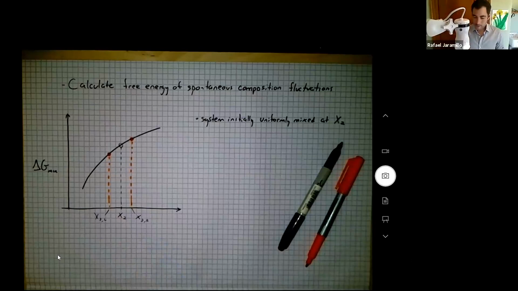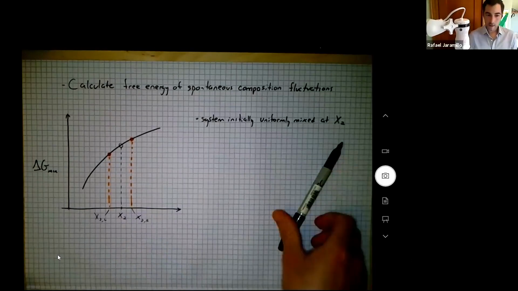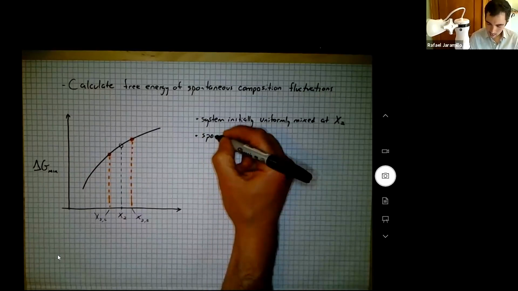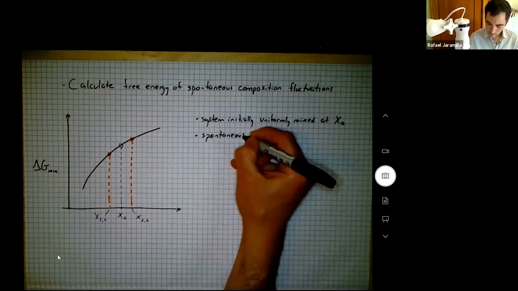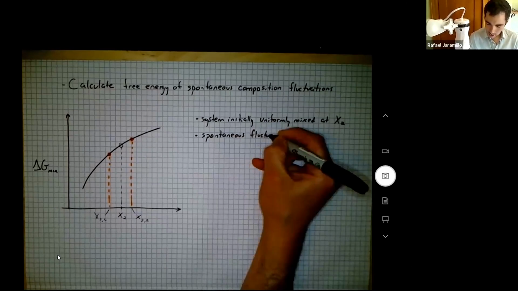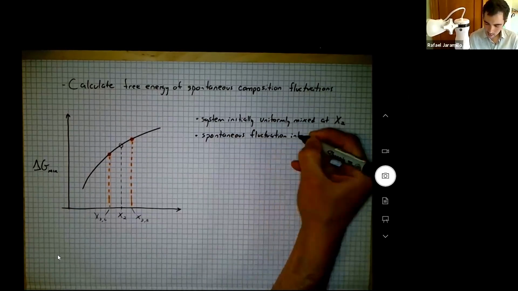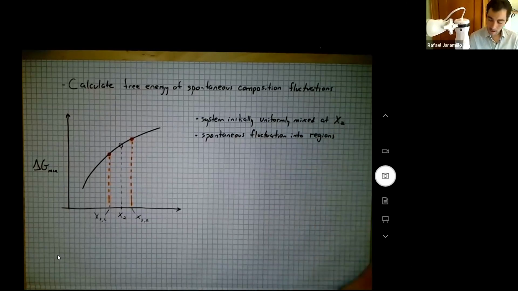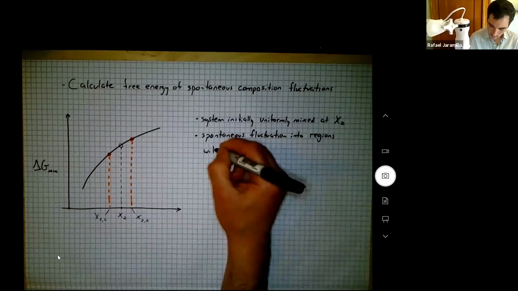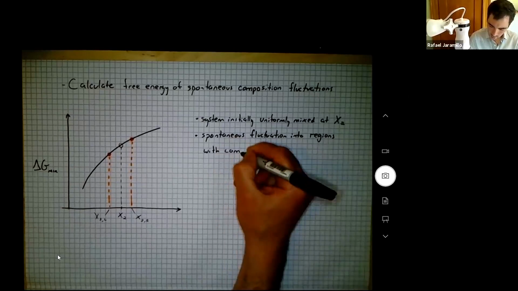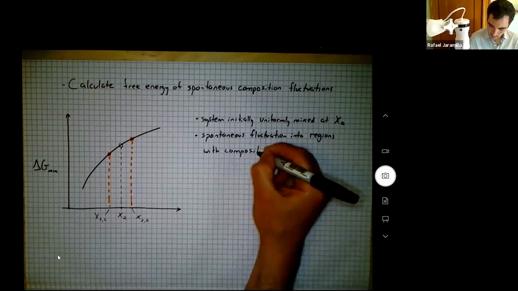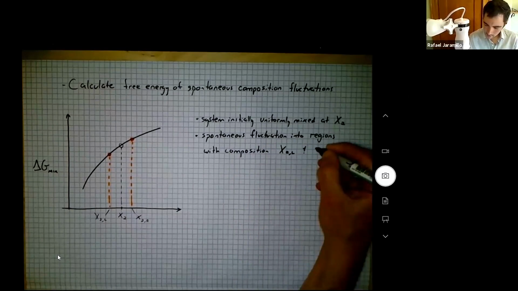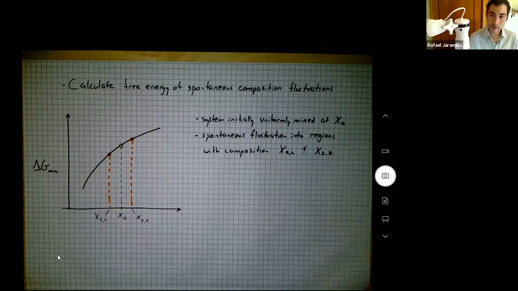So we're going to have a spontaneous fluctuation into regions with composition x2 left and x2 right.